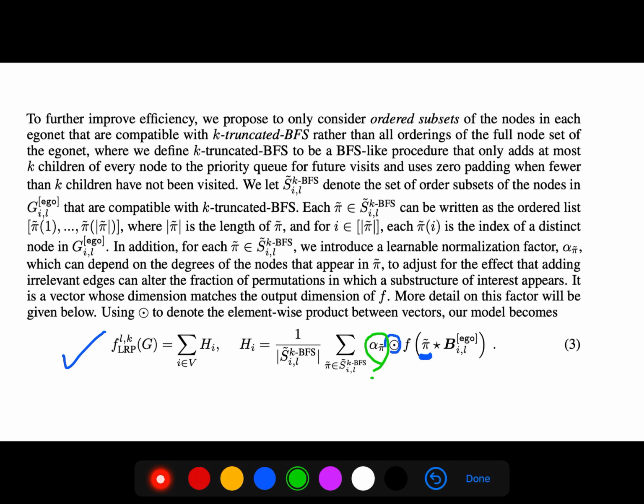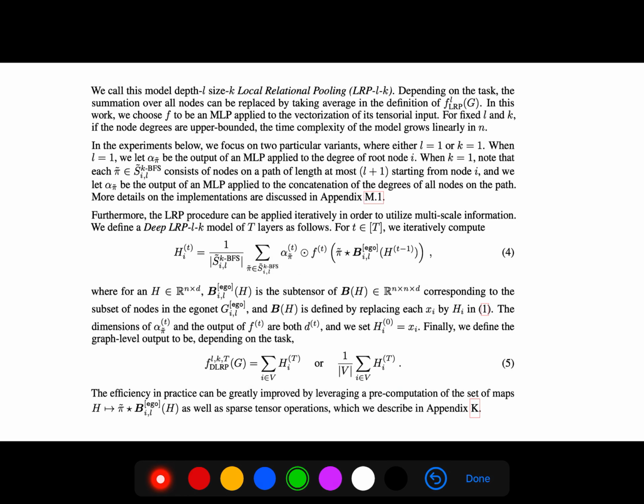So it's a normalization factor, which can depend on the degree of the nodes that appear in pi tilde, to adjust for the effect that adding irrelevant edges can alter the fraction of permutations in which a substructure of interest appears. We call this model depth L size K localized relational pooling.